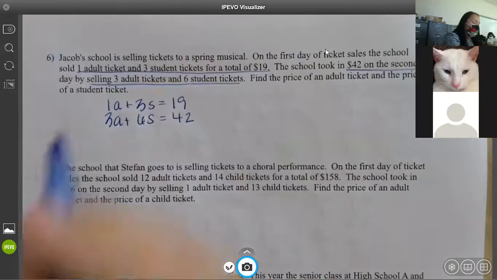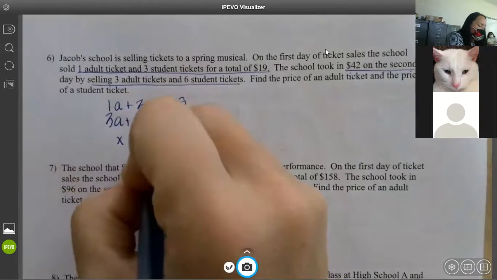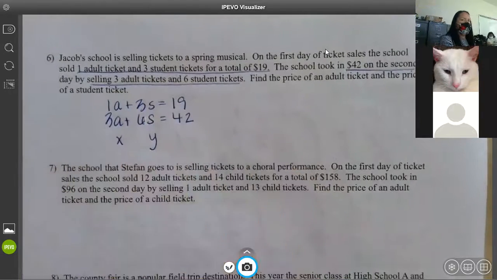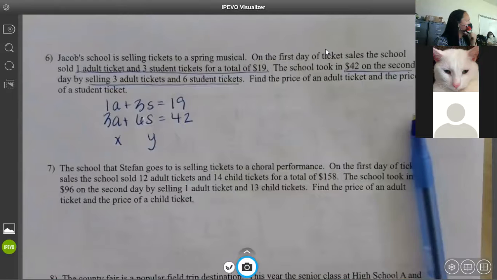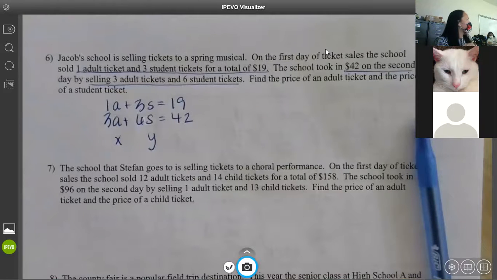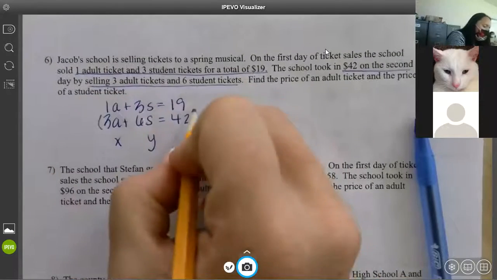Okay. We're going to go to Desmos and change this to X and Y. How would I solve this one if I had to do it by hand? You guys remember how to do this? When nothing's alike, what do we do? You said it.